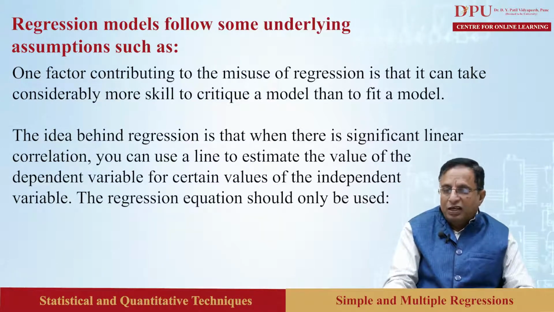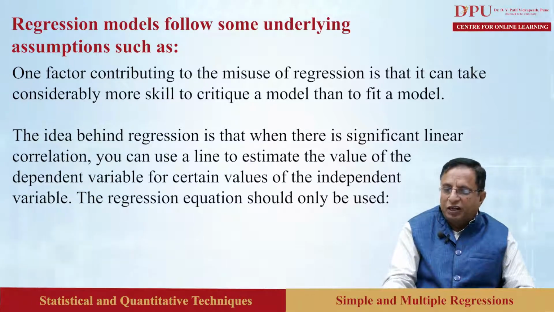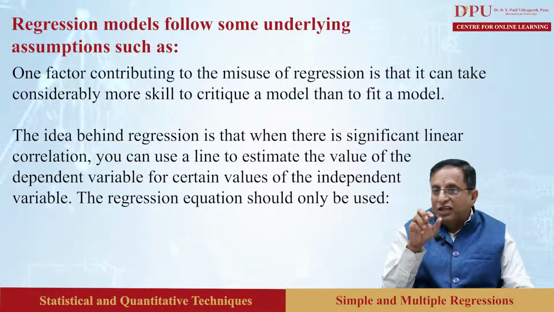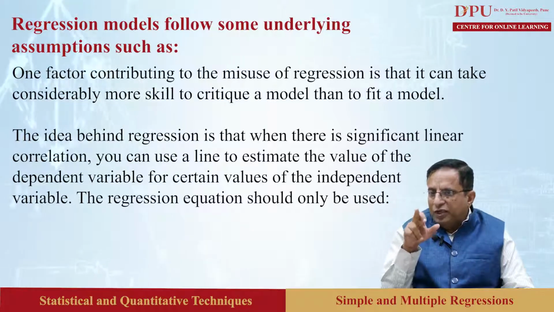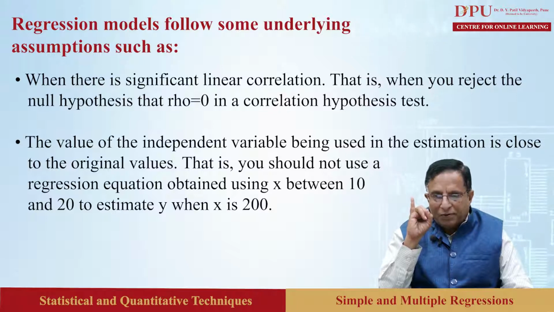The idea behind regression is that when there is a significant linear correlation, you can use a line to estimate the value of dependent variables for certain values of independent variables. The regression equation should only be used when there is a significant linear correlation.